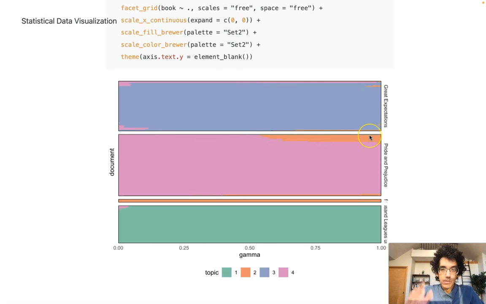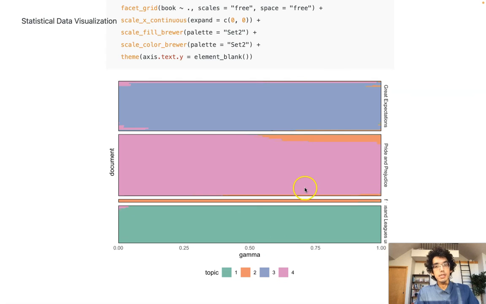It's saying that that one paragraph is mostly topic 4, but it has a little bit of topic 2 as well. And then you can just go paragraph by paragraph and see what is the mixture across those 4 different colors. It's not that interesting in this example because the paragraphs are so strongly assigned to just one of the few topics. Like most of Great Expectations belongs to topic 3, so there's not that much that's interesting here.